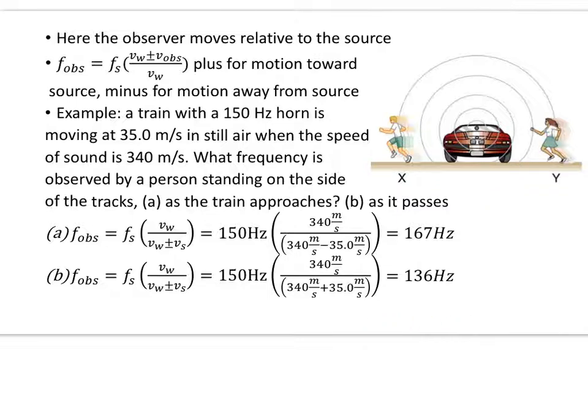Now, the red end of the spectrum is longer wavelength, lower frequency waves. So it's an example of where the source of the light, which in this case is the star, is moving away from the Earth. So this is evidence for an expanding universe.